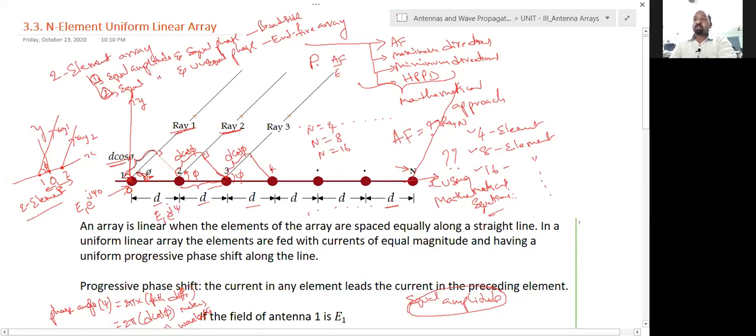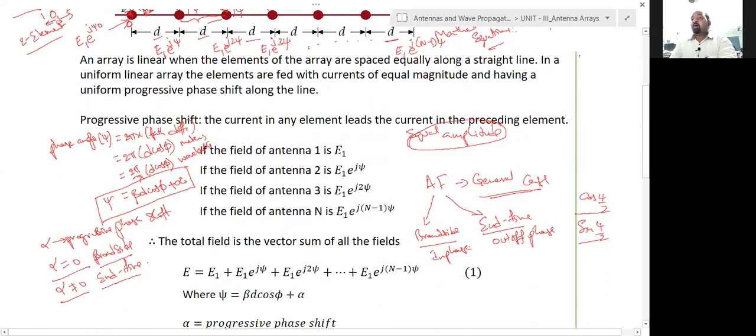That means 0 psi, 1 psi, 2 psi, 3 psi, 4 psi, and so on, right? Similarly, the electric field radiated by element 3 is E1 e power j 2 psi, element 4 is E1 e power j 3 psi, and so on. Element n is E1 e power j n minus 1 psi, right?